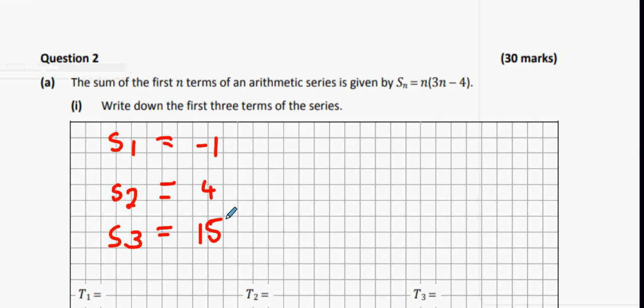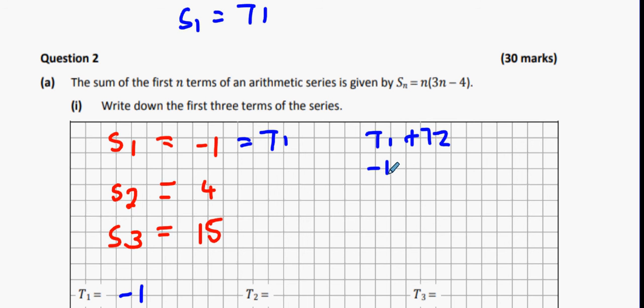Now, S1 also equals T1, so we know that T1 equals minus 1. We know that S2 equals T1 plus T2, which is minus 1 plus T2 equals 4. This implies that T2 equals 5.